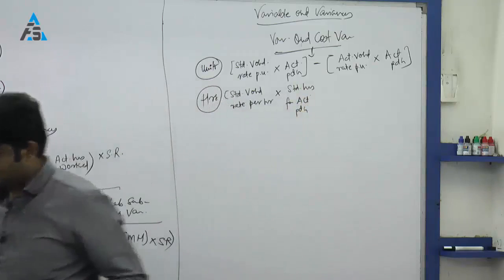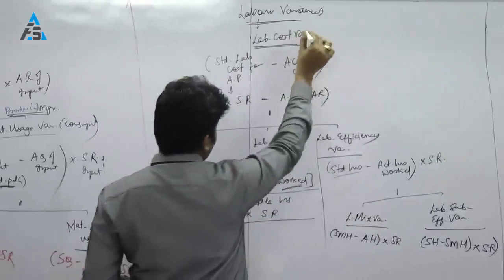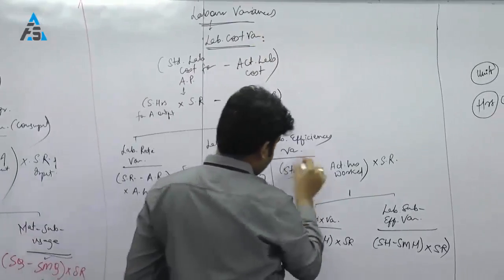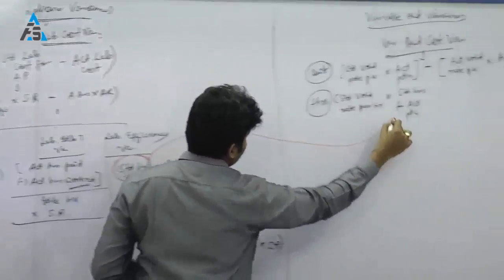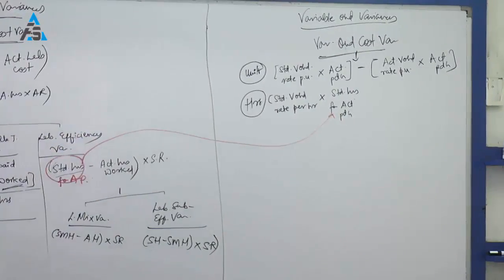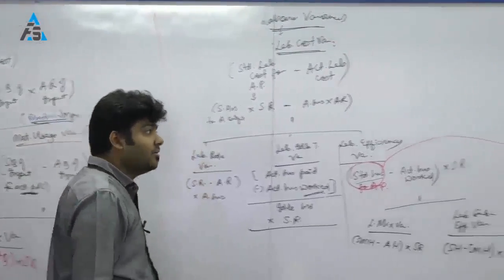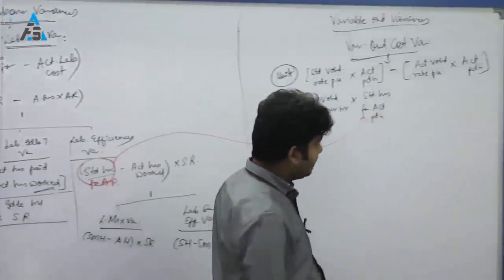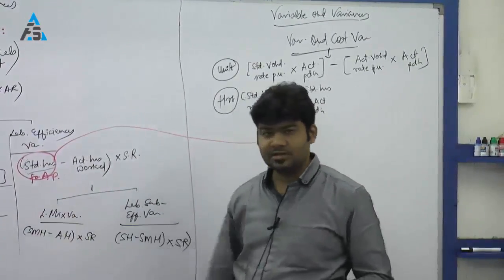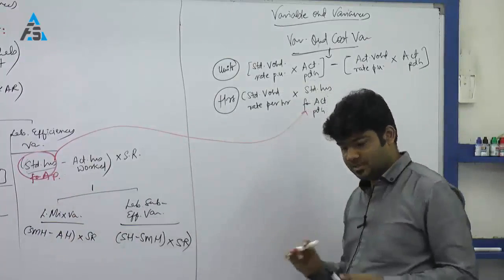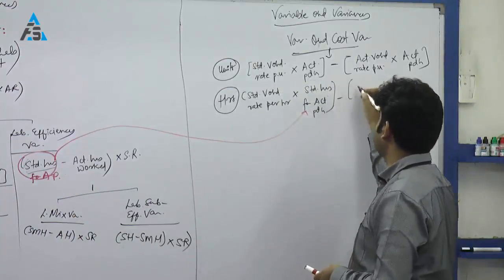This standard hours for actual production is the same standard hours which is used even in labor cost variance, in variable overheads, and in fixed overheads as well. So overhead variances will have the same hours as far as labor, variable and fixed are concerned. Small point, keep in mind. Minus, I think this is fairly simple.